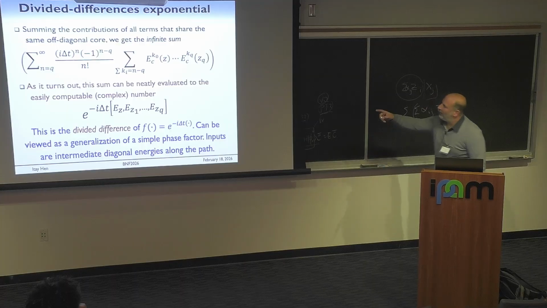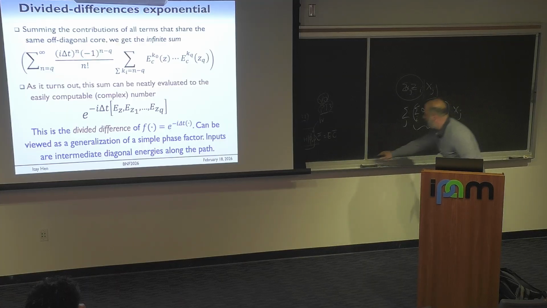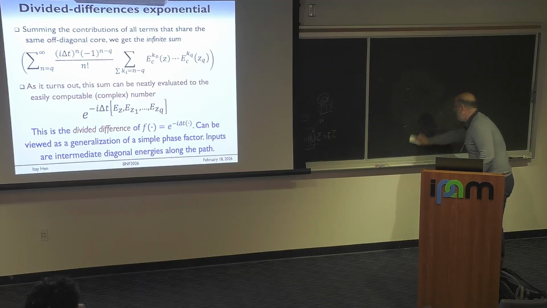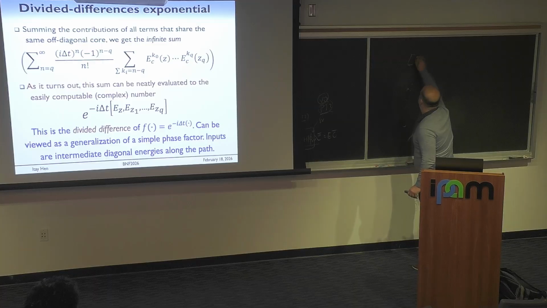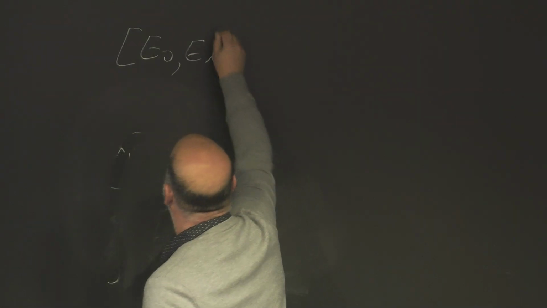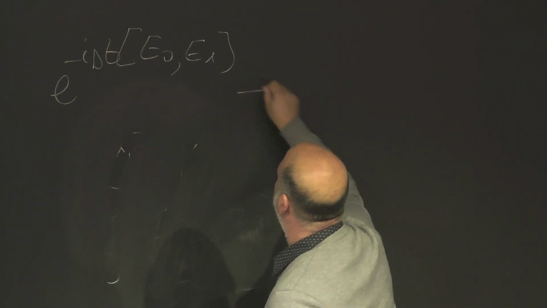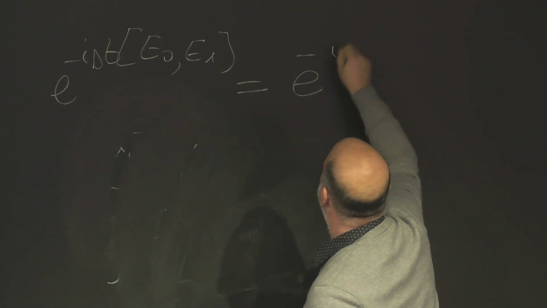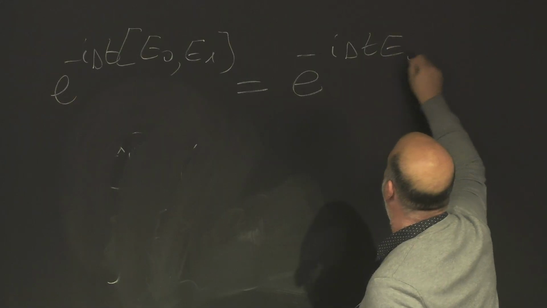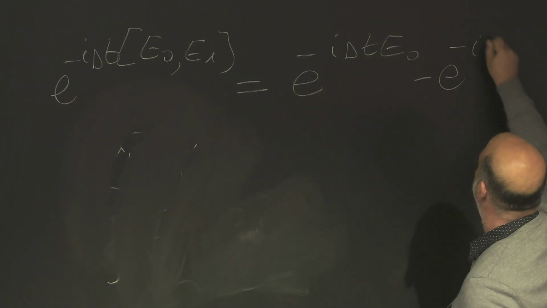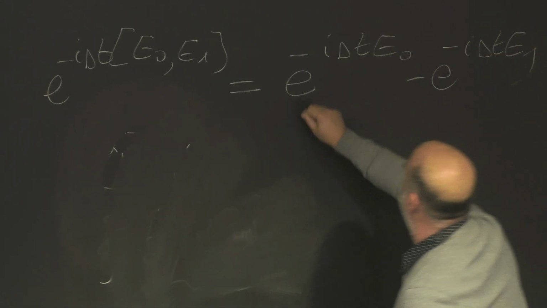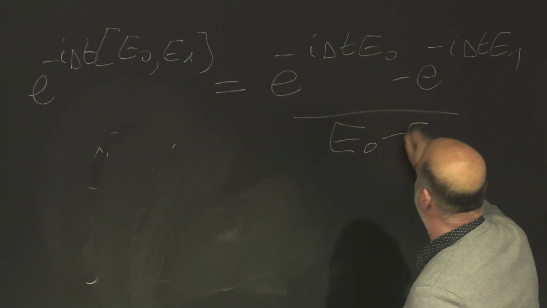This is a slightly abusive notation, but what it means is that if we had two inputs, say E0 and E1, and I'm writing e to the minus i delta t, it just means e to the minus i delta t E0 minus e to the minus i delta t E1 divided by E0 minus E1.